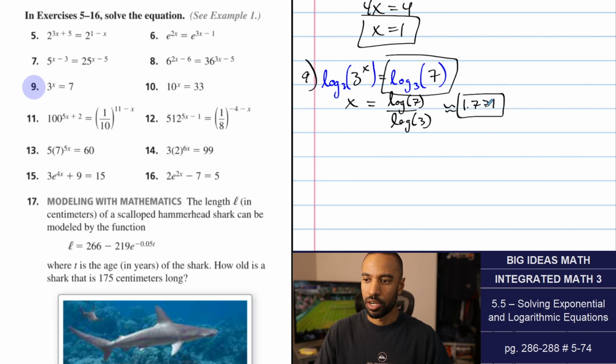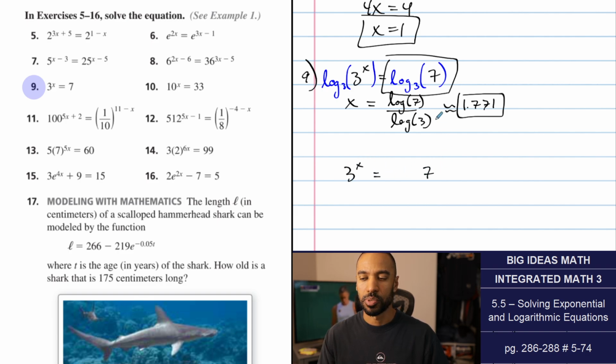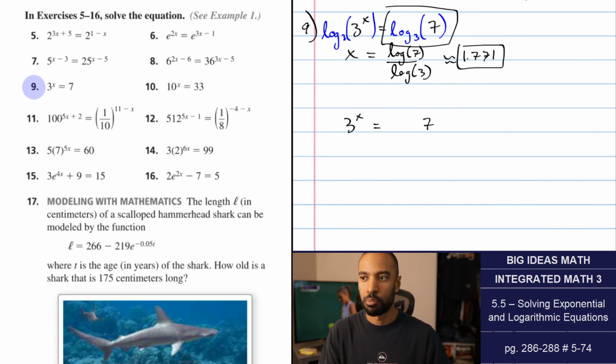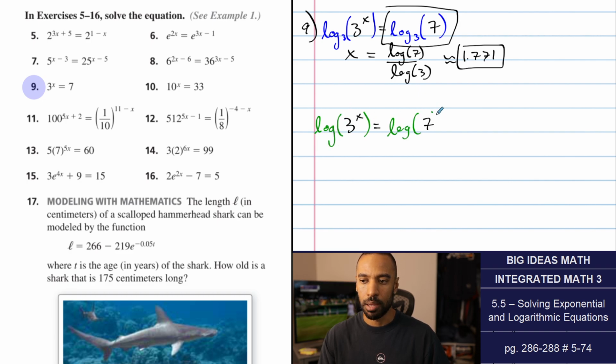As an alternative, in case you missed the lecture portion of this, you can also do this. Take the same problem and log both sides, but not specifically with 3. The main reason I'm bringing this up is because maybe you forget this formula and maybe you don't know how this property works. But we should know this property here. What if I log both sides straight up, regardless of base? Let's just say base 10, common log.